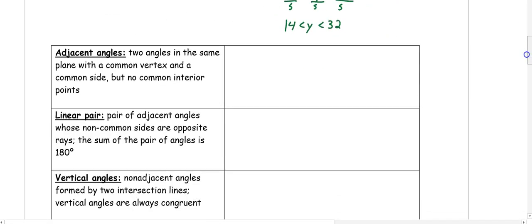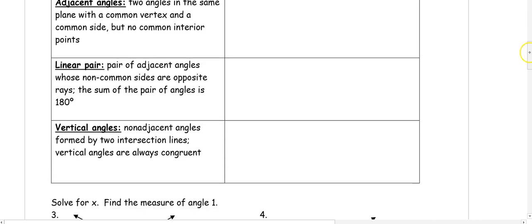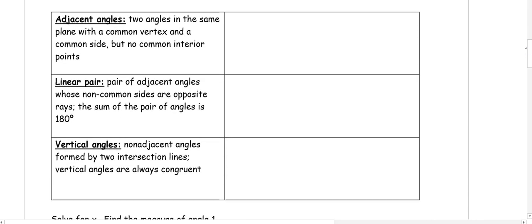So let's look at some more vocab. Adjacent angles. Adjacent angles are two angles on the same plane with a common vertex and a common side, but no common interior points. So for example, if I have an angle here, and then an angle next to it, and we call these angle 1 and angle 2, we would say that angle 1 and angle 2 are adjacent.